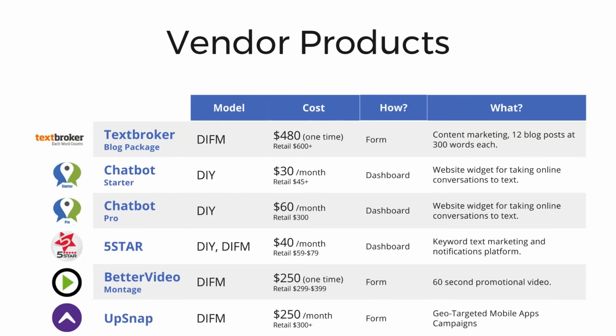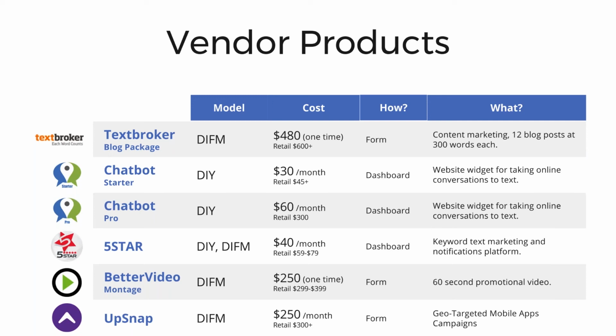And then we really get into the vendor products. So within Marketplace, we're bringing in curated third-party products that you can start offering to your clients. So everything from content marketing, you can get those blogs created for you.